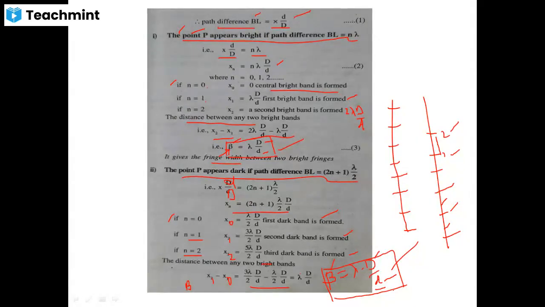And at the end, we come to know that the fringe width for a bright band and the fringe width for a dark band is exactly the same, and it depends upon the three parameters: lambda, capital D, and small d. Right. So this is about the derivation of the expression for fringe width.